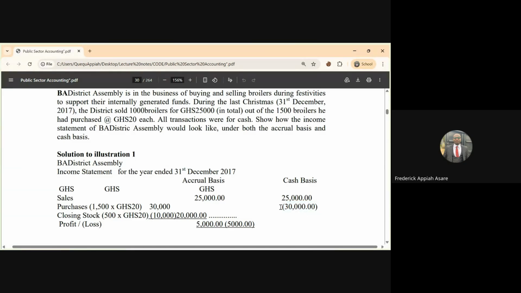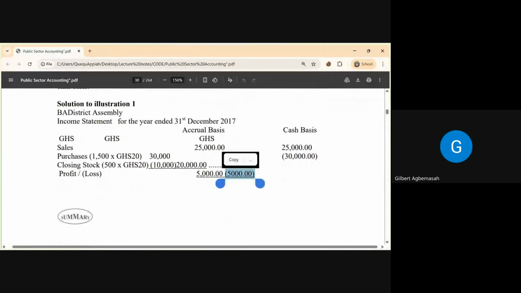So when you deduct this 30,000 from 25,000, you will get a loss of 5,000 cedis. So that is the difference between the cash basis and the accrual basis. When you are dealing with cash basis, there is nothing like closing stock.